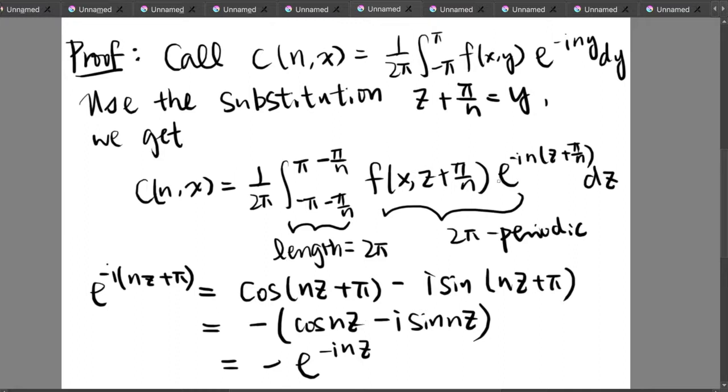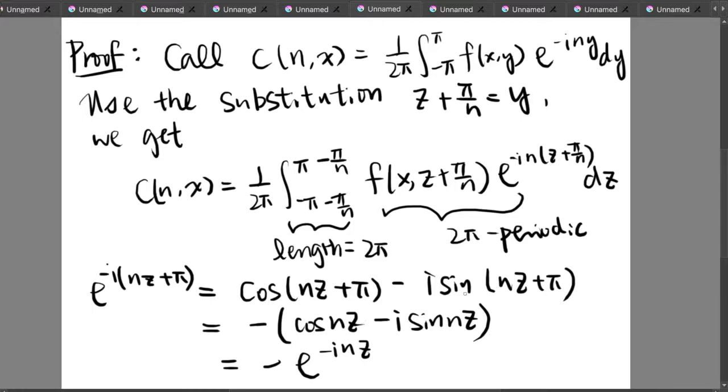And also we will prove that this expression here is equal to negative of e to the inz. Indeed, if we expand the expression, it is equal to cosine(nz plus pi) minus i sine(nz plus pi). And cosine(nz plus pi) is equal to negative cosine nz, and sine(nz plus pi) is equal to negative sine nz.